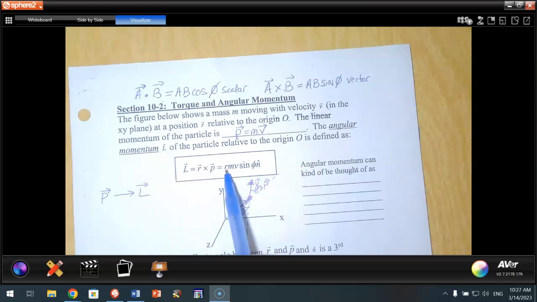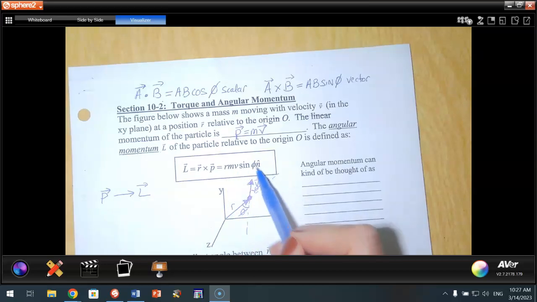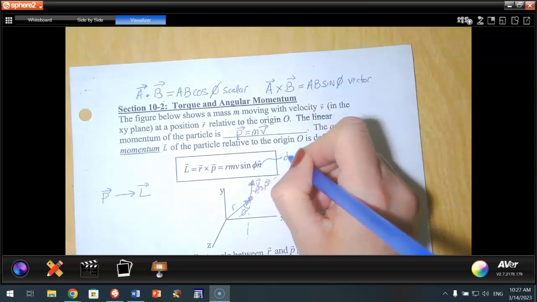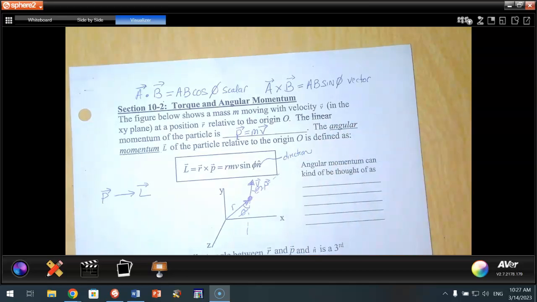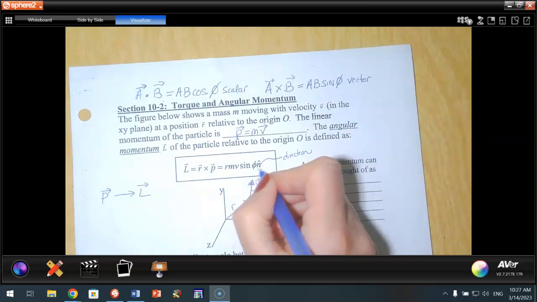So r is the distance away from some reference point, from here it would be the origin. m is the mass in kilograms, v is the velocity, and then sine of the smallest angle between them. This n hat is just your direction.